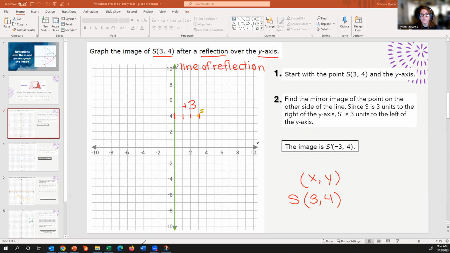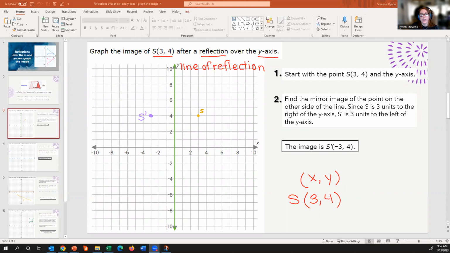So for the reflection, we need to find the mirror image of that point, and we have to go over the line of reflection. So we would go the other way and we'd say, okay, 1, 2, 3 right here. And this would be our S, our image after that reflection. And I'm going to take this all away so we can really see that it is equal distance away from that line of reflection.